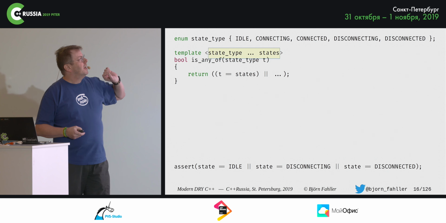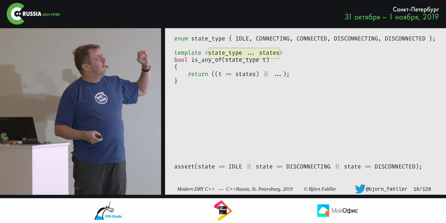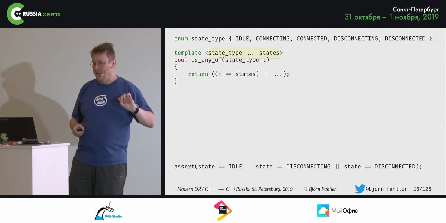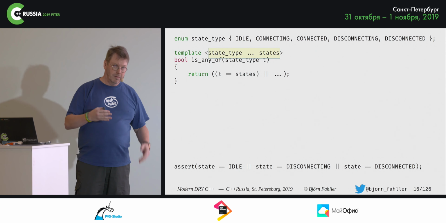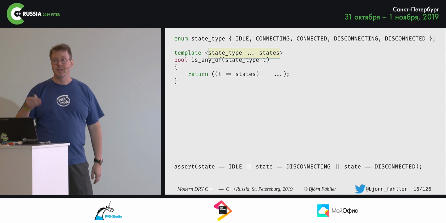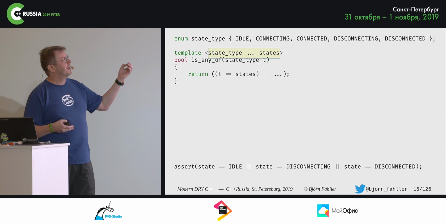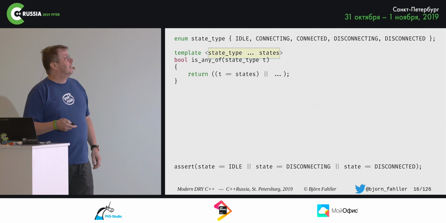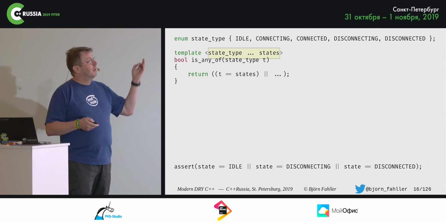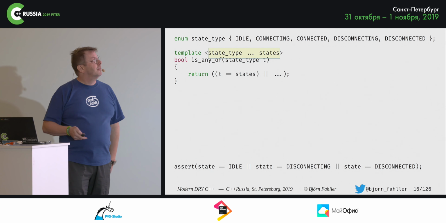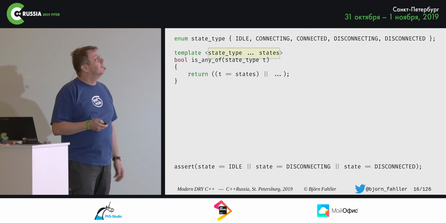We say that we are repeating values of state type over and over. Normally with templates, the normal case is almost always to use types, but we can use non-type template parameters like these. It doesn't work for all types, but it works for enumerations. It works for integers and a few other types.